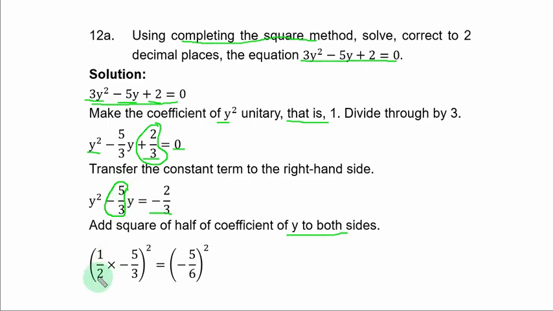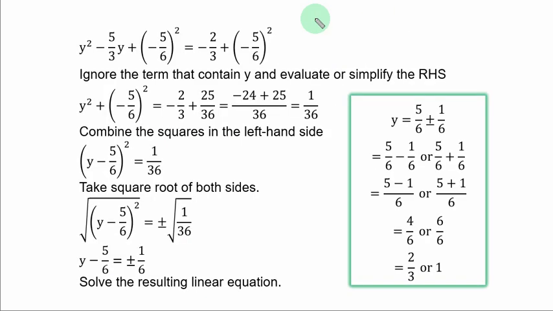So you look for half, meaning 1 over 2 times minus 5 over 3, all squared. Now 10 can reduce. If you multiply, you have minus 5 over 6 all squared. So you add this term to both sides of that expression. So the term has been added to both sides.